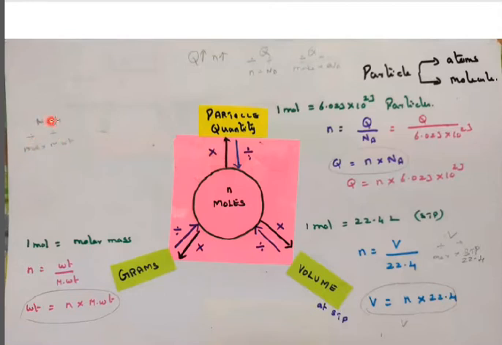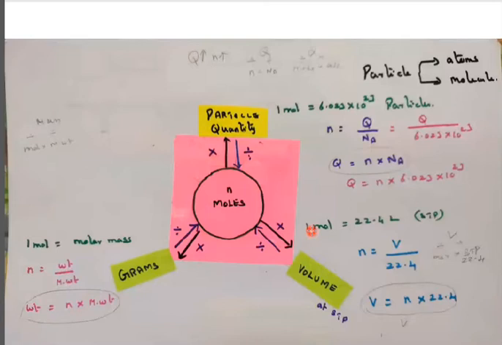This is the triangle formula to remember the three terms: mass, molar mass, and moles. So 1 mole is equal to the molar mass. N is equal to weight by molecular weight. If they ask to find the weight, that is number of moles times molecular weight. These are the short forms to calculate either the number of moles or the mass.